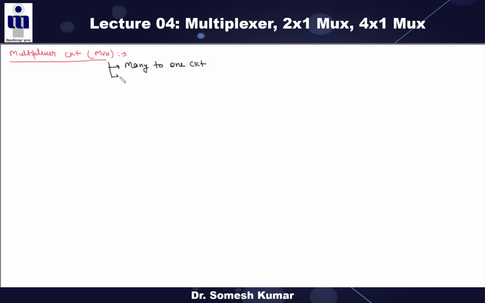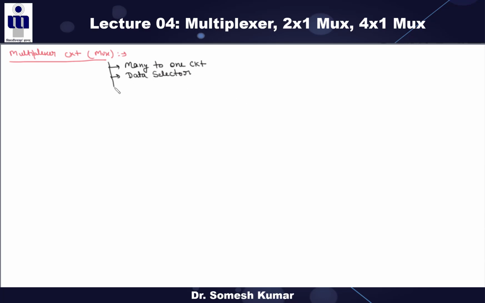It is also called the data selector, meaning this circuit will select which input data has to propagate to the output, right? If there are multiple inputs, in one particular combination only one input is propagated to the output. So that selection is done in this multiplexer circuit, which input is propagated to the output, right?